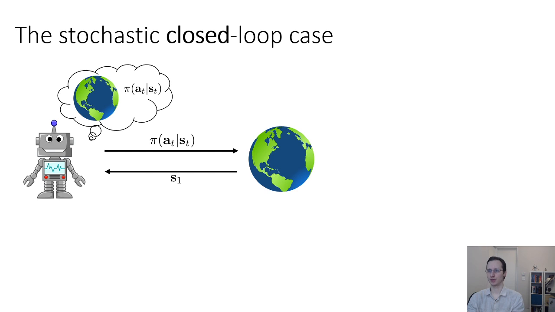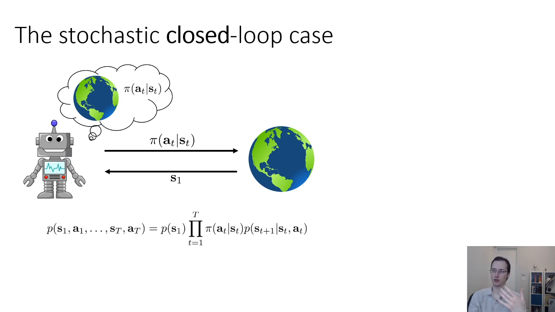In the closed loop case, each time step the agent observes a state and then responds with an action, which you can also think of as observing the first state and then committing to a closed loop policy. So instead of sending back a sequence of actions, you send back a relationship between states and actions, a mapping that tells the world for every state the agent might be in, which action they would take. So reinforcement learning typically solves closed loop problems.